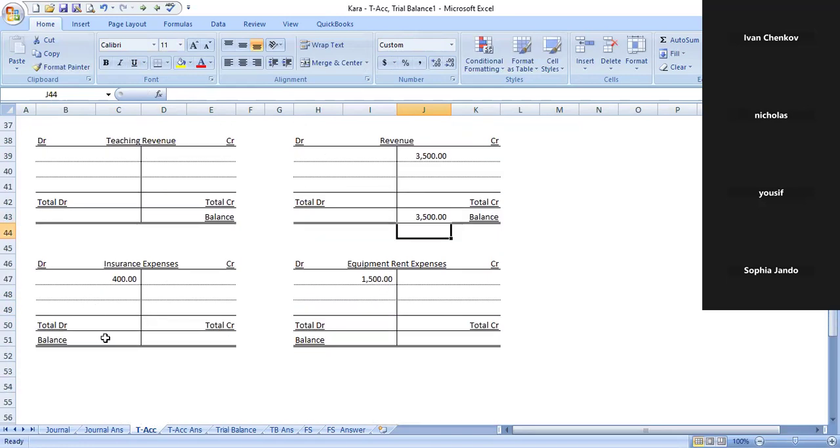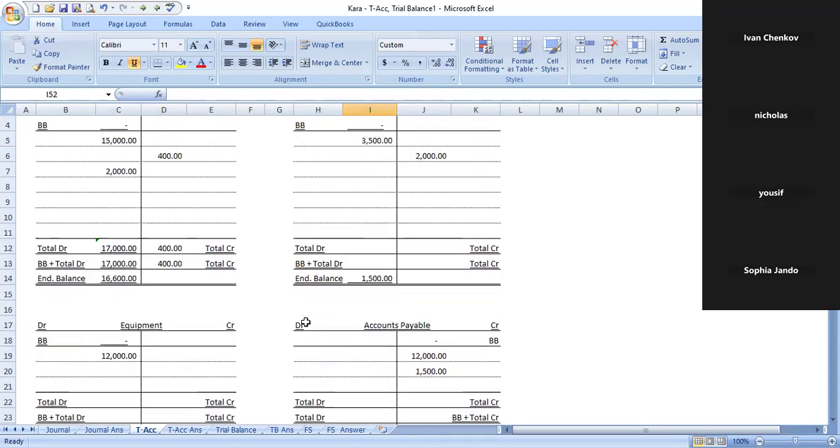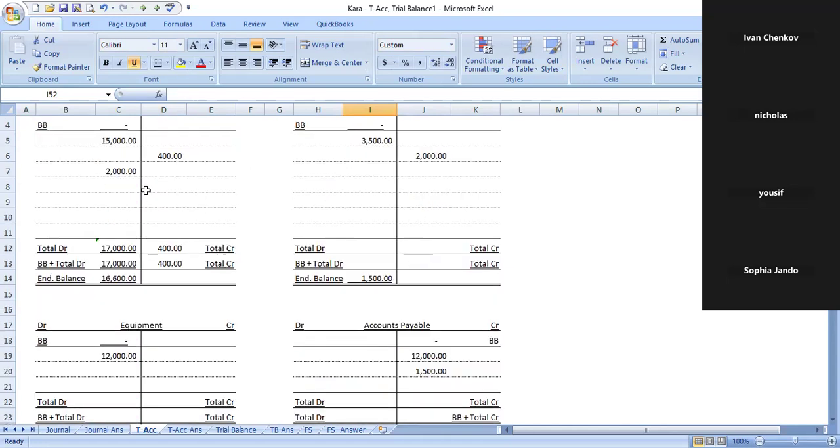On the insurance expense, we're going to have total expense of $400. And the equipment rental expense, we're going to have total rental expense of $1,500. So once you do this with those accounts, this will be your ledger with all the accounts, what's happened in the account, plus, minus, and the ending balance.